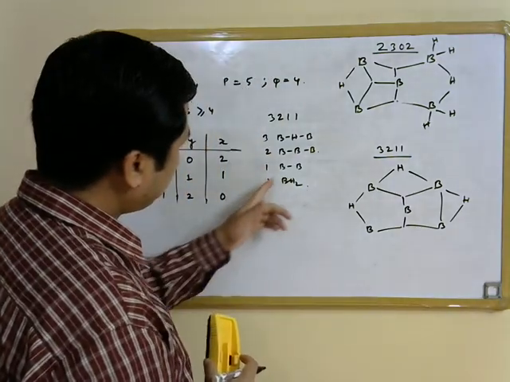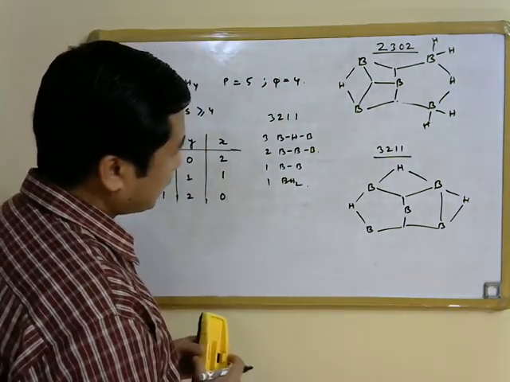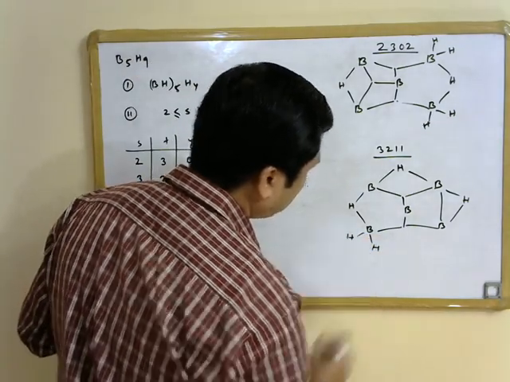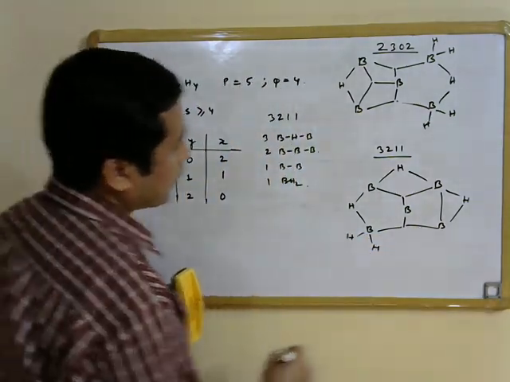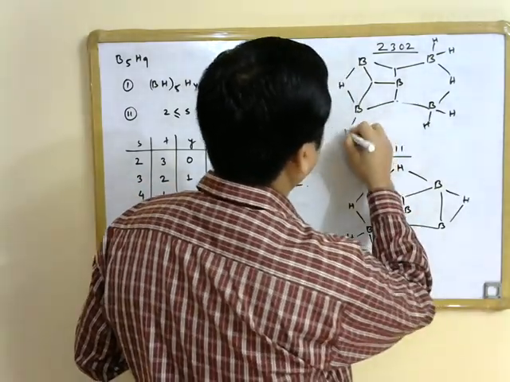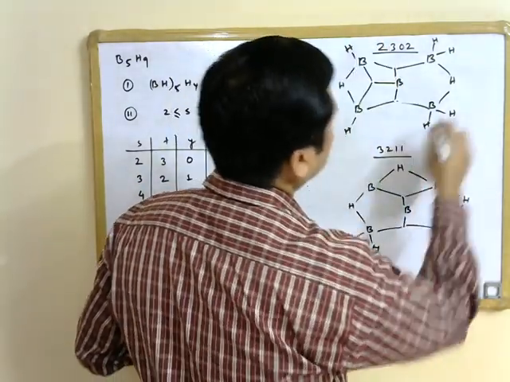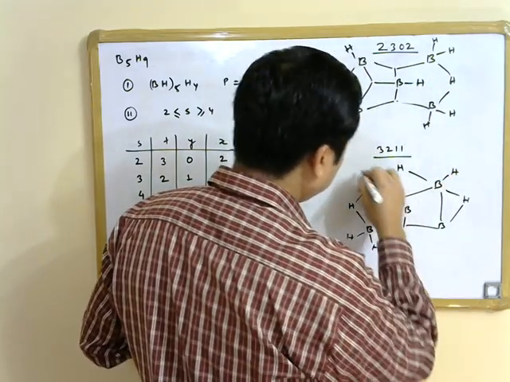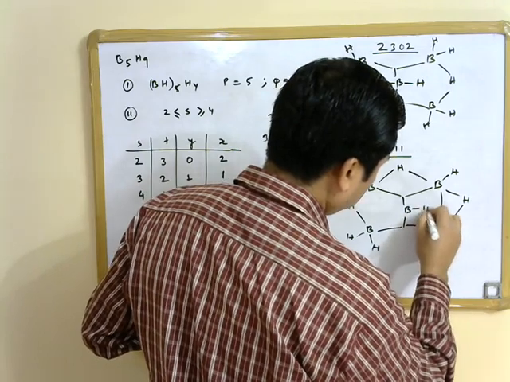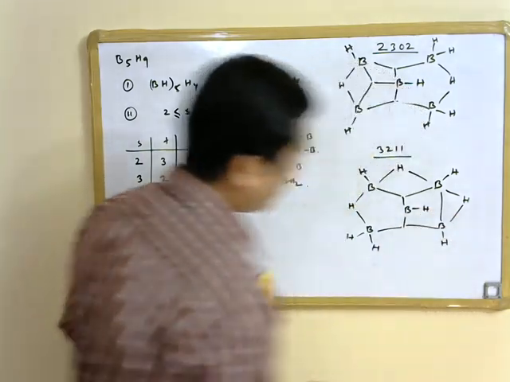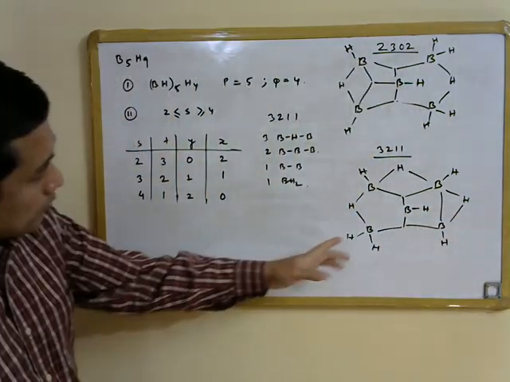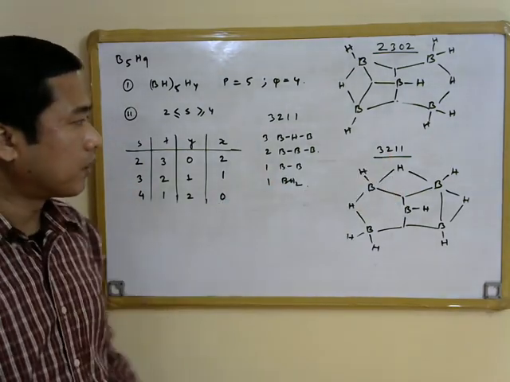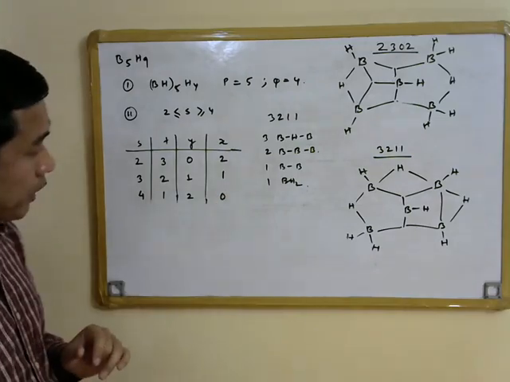We can place one BB linkage and one BH2. So let's place the BH2 group over here. Here we have to draw the terminal hydrogen atoms. To each of these boron centers, we must place one terminal hydrogen atom. So now we have this structure corresponding to this particular Styx code, that is 3, 2, 1, 1.